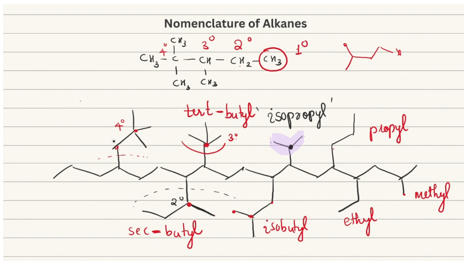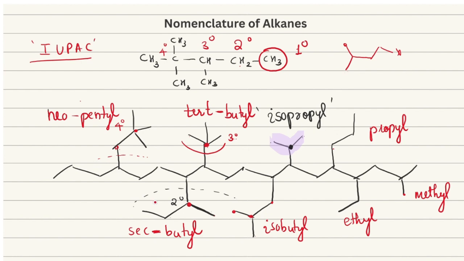So in this case, since there are 5 carbons, you can call this neopentyl. These are some of the prefixes we are going to use in the common names of alkanes as well as IUPAC names. They are so popular and common that even in IUPAC nomenclature, we can use these prefixes.